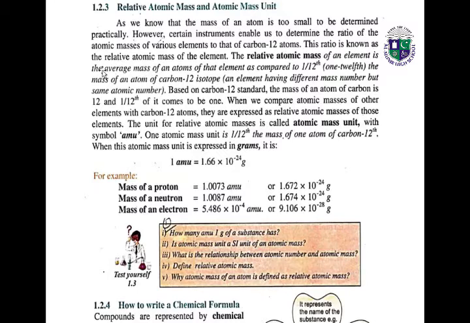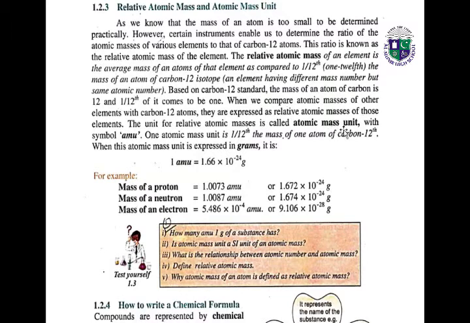This ratio is known as the relative atomic mass of the element. We define the relative atomic mass of an element as the average mass of an atom of that element as compared to 1 over 12th the mass of an atom of carbon 12 isotope, based on the carbon 12 standard.